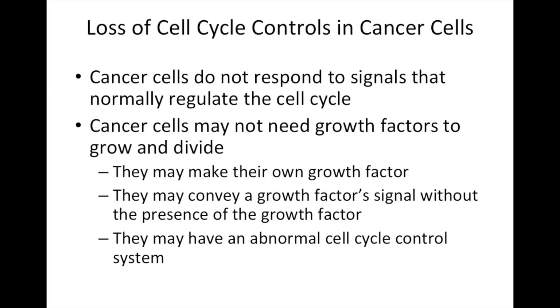And then sometimes they'll just have other different mutations within those signals that will cause them to divide whenever they want. Every cancer is different with this, and even within certain cancers, like let's take breast cancer, there's a ton of different mutations and different kinds of breast cancer that are caused by all kinds of different gene mutations and other issues. So there's too much to go into. There's a whole course you can take in college called Biology of Cancer, in which you can learn more about that.